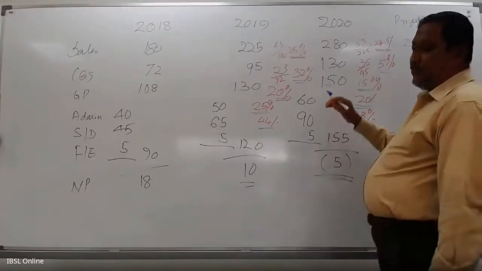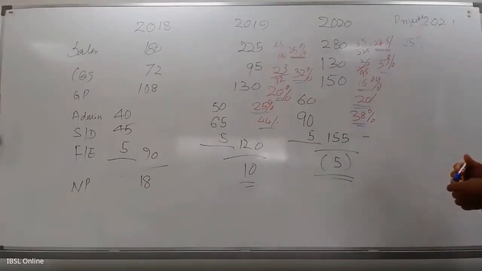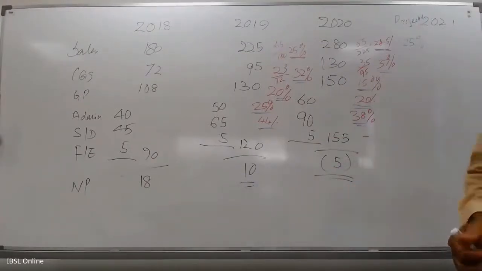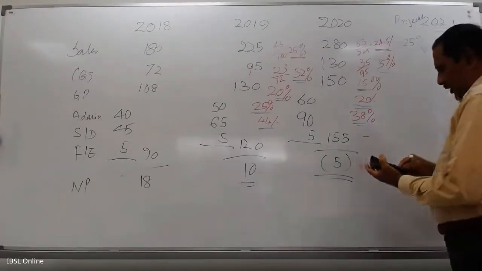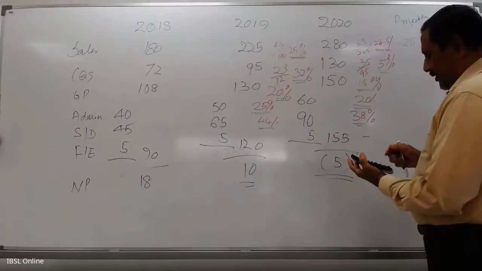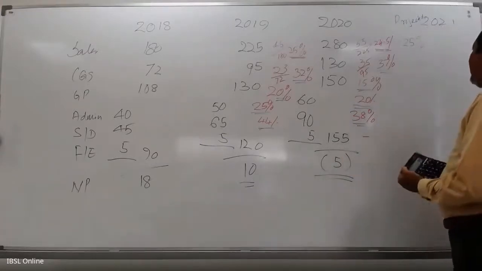The cost of goods sold is 37 and 32. 37 plus 32 divided by 2 is 34.5. We can take it as 35.